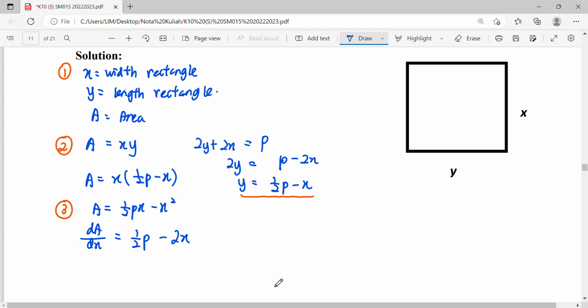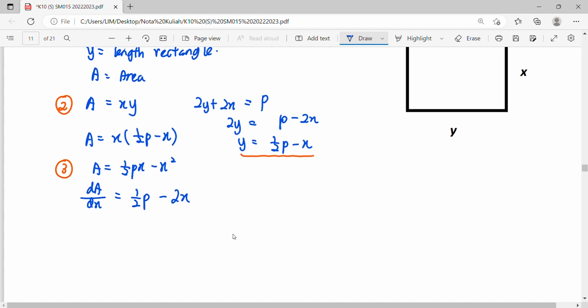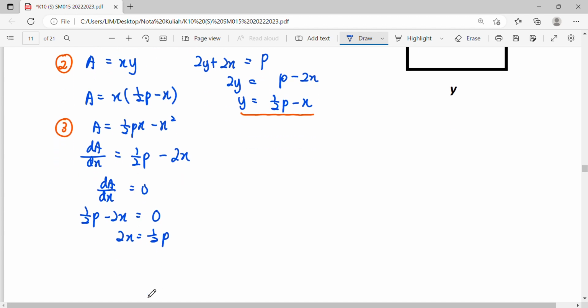To find the critical number, we let the first derivative equal 0. So 1/2 p minus 2x equals 0. So 2x equals 1/2 p, and your critical number x will be 1/4 p.